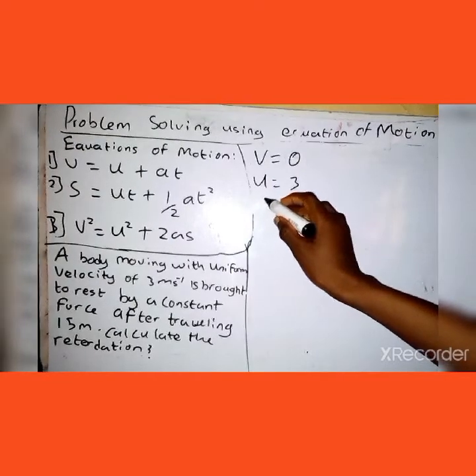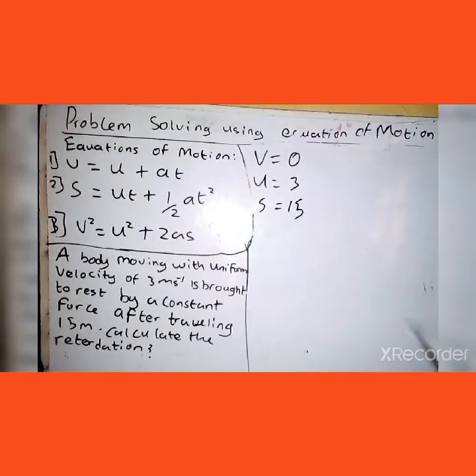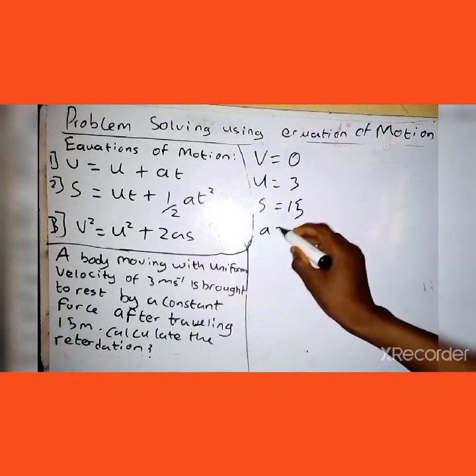You write the distance there as 15, right? So we are asked to calculate the acceleration a.